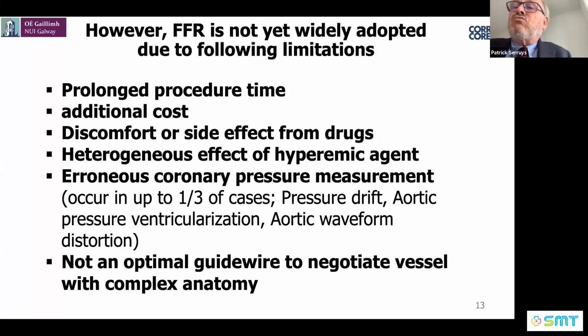You may have up to one third of cases in the literature with a pressure drift, an aortic pressure ventricularization, or an aortic waveform distortion. So it is not so simple. And then it's obvious that this pressure wire does not have the quality of a normal wire, so sometimes it is difficult to negotiate a vessel with complex anatomy. Next.